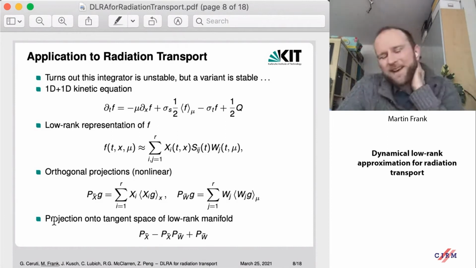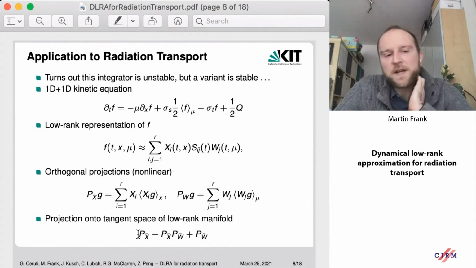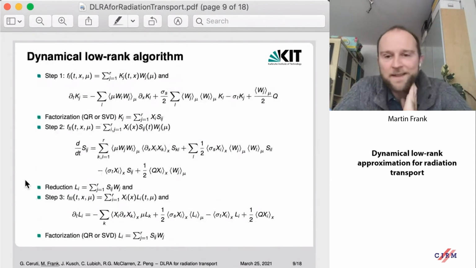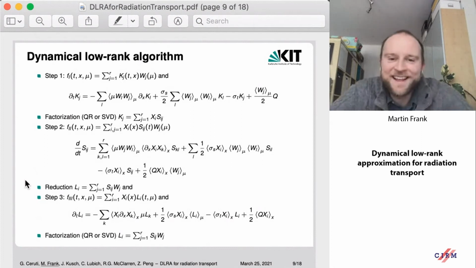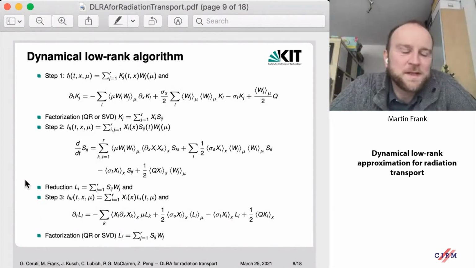And again, here I brush a little bit over the details. I can again compute the projection onto the tangent space, and I can express it in terms of these projections. And the method now, I made the font a little bit smaller so that it fits on one slide.